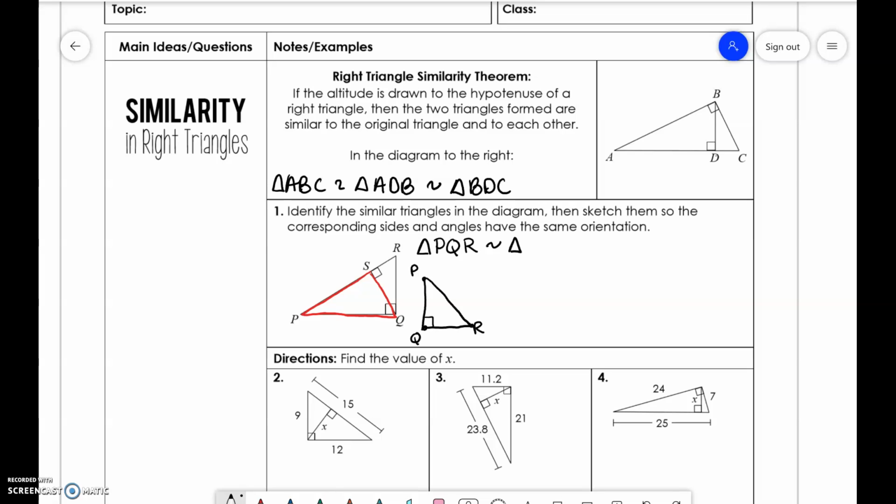So if we look here, PQR, which was in the original one, the longest side was PQ. So we want to look for the longest side here, which is PS. So we're going to do PSQ. Should draw it a little bit smaller. Maybe this smaller.